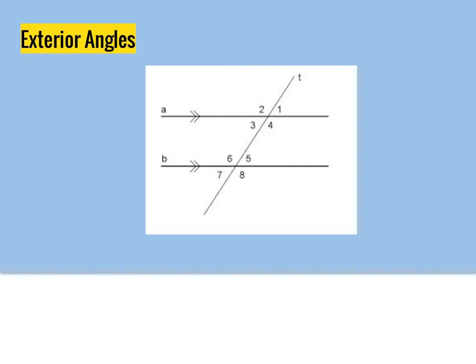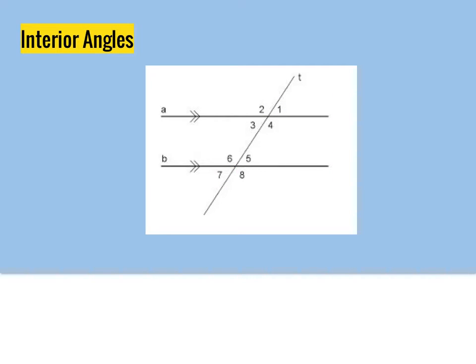All right, so let's talk about exterior angles. Exterior means that we are going to have angles on the outside of the parallel lines. So, for example, 1 and 2, 8 and 7 are my exterior angles because they are outside of the 2 parallel lines.